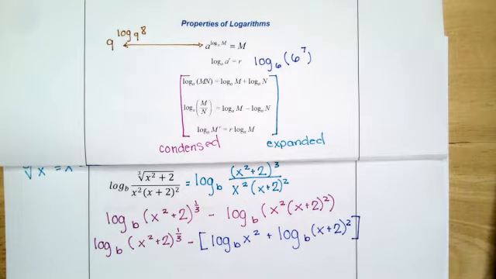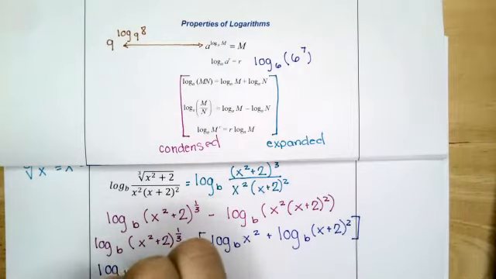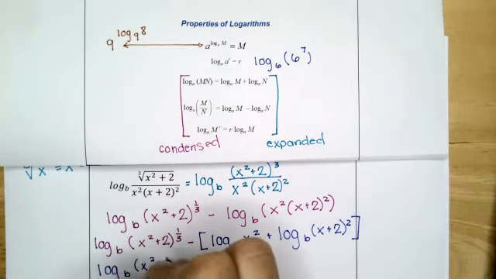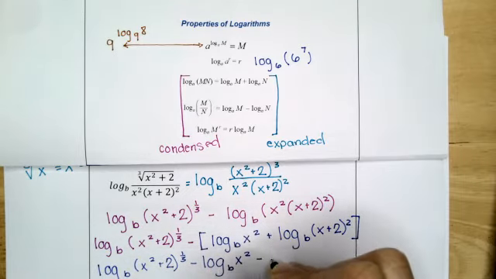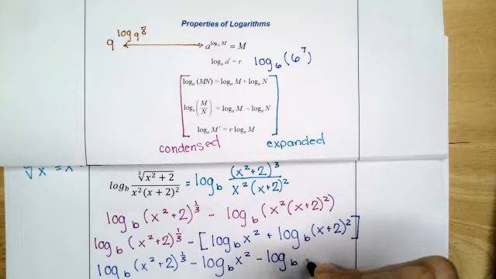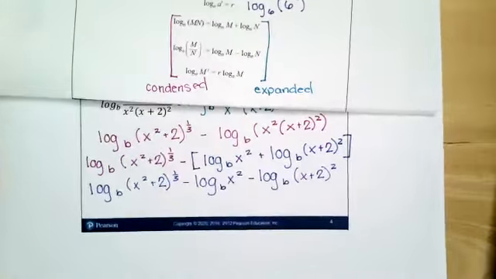Right? Let's go ahead and distribute that negative before I forget. So all of that will become log base b of x squared plus 2 to the power of 1/3 minus log base b of x squared minus log base b of x plus 2 squared. Distributed the negative.